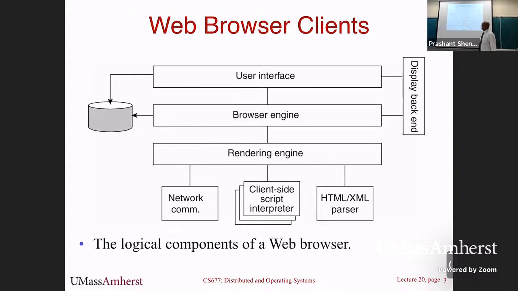You might have a client-side interpreter if you need to run JavaScript, for example. You will have to run that in the browser, so the browser will need a JavaScript interpreter. Then you have the parser that can parse HTML and so on. So the client itself is a complicated application, and it's basically always talking, in this case, to a server.